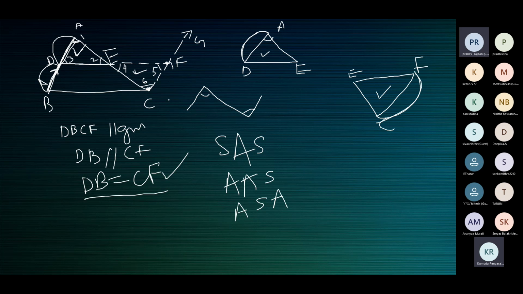All of you please think if angle 3 is equal to angle 5. For angles 3 and 5, which is the transversal? DF, ma'am. DF is a transversal.